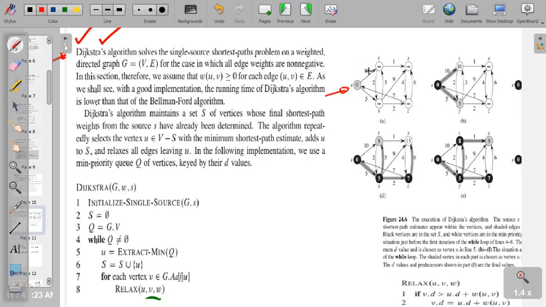So these edge weights are given. So this is a directed graph. Directed graph, where we have seen the undirected graph like this, where we do not have direction of the edges. Whenever we have direction of the edges, that comes in many different applications like this.